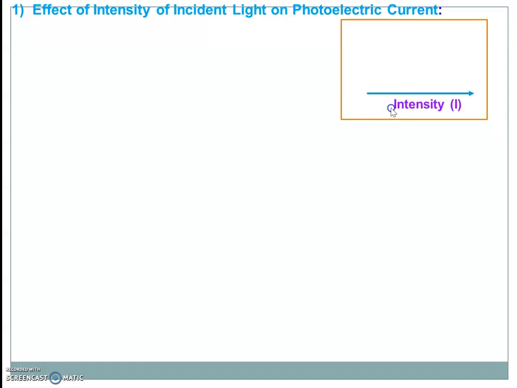On the x-axis we will represent intensity of radiation, and on the y-axis we will show photoelectric current in microampere. Experiment suggests that whenever intensity increases, photocurrent increases. There is a linear relation between intensity of radiation and photoelectric current.